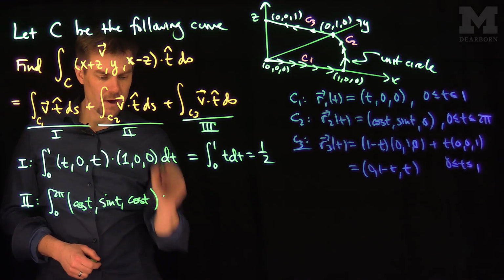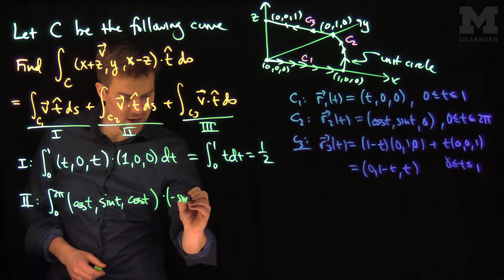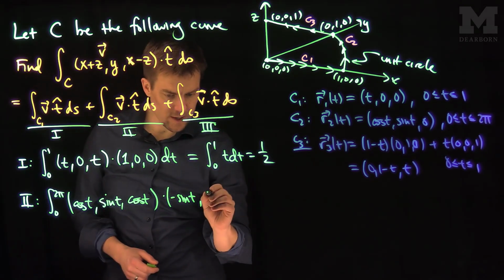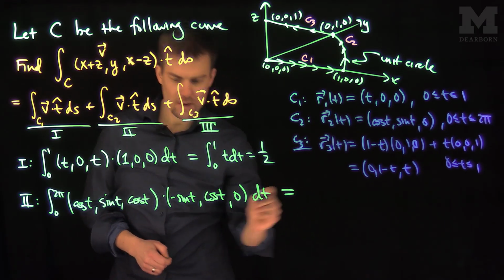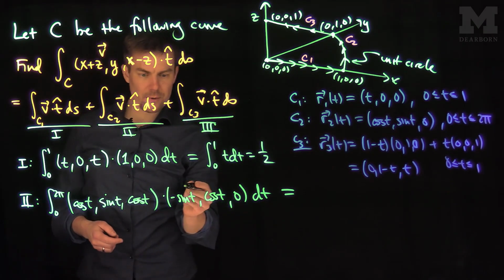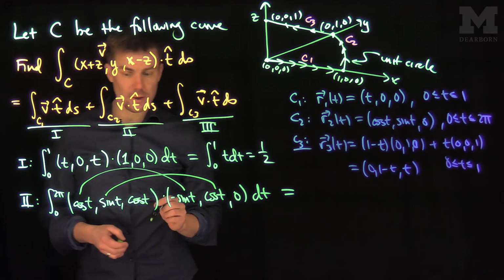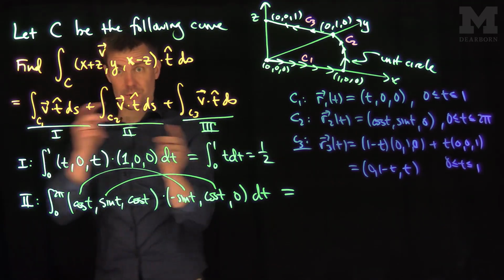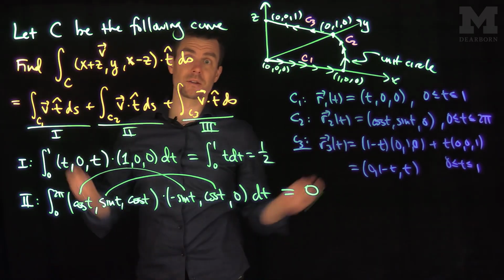I'm going to dot this with the derivative of r2, which is negative sine t, cosine t, 0 dt. So now let's see what happens. Over here, we're going to have a negative sine times cosine. Over here, we're going to have a positive sine times cosine. When I dot those things, it's going to give me 0. Those first two terms dot to 0. Then cosine times 0 is 0. So this contributes nothing to the flow.